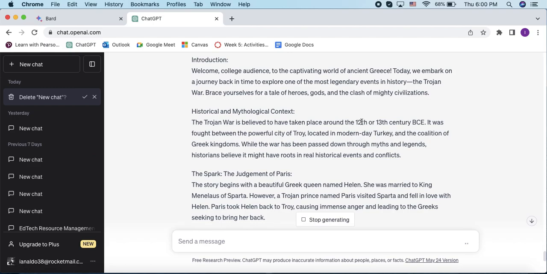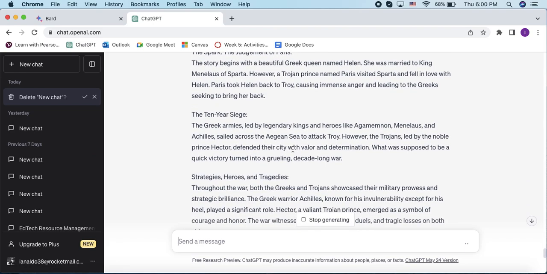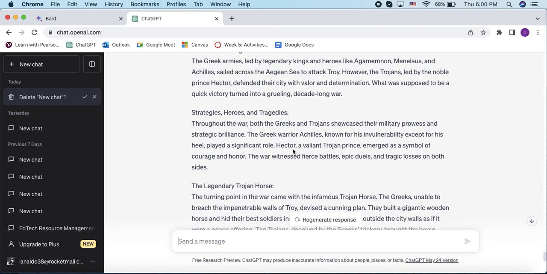You have 12th century, 13th century, but you see there's a more collegiate attitude towards answering the question. And I think that with this technology, students can get practice looking at audience as opposed to just a teacher showing them all these different examples of intended audiences for their writing.